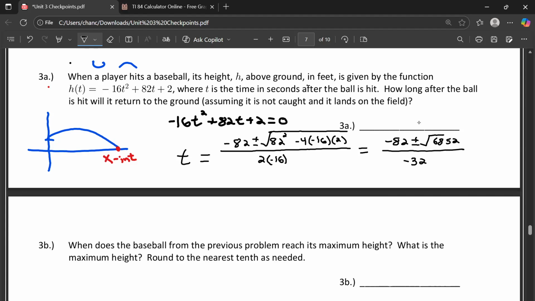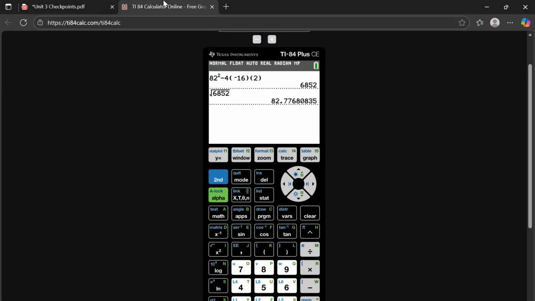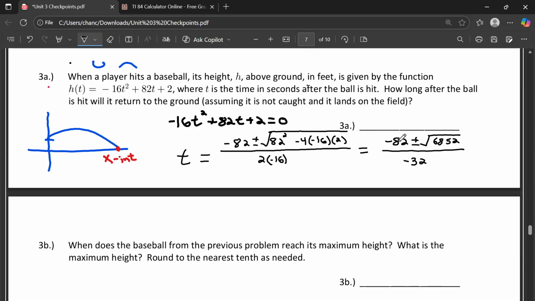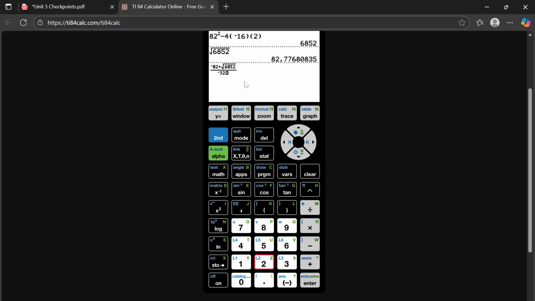Since that root didn't simplify nicely, my next step is to just take this entire thing and plug it into the calculator. So negative 82, let's make a fraction. Negative 82 plus the square root of 6852 all over negative 32, I think it was.